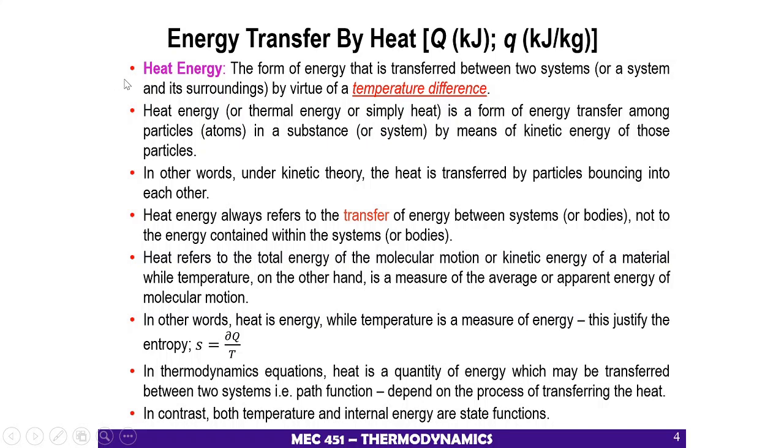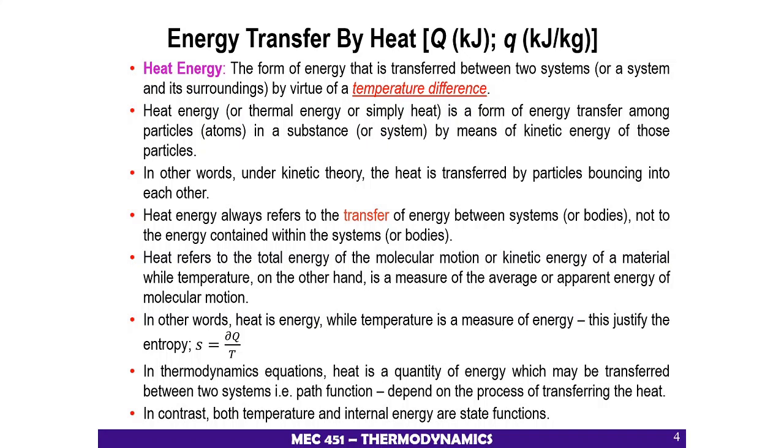Heat energy is the form of energy that is being transferred between two systems. If you talk about energy, heat in particular, there must be a temperature difference. For other energies, for example, kinetic energy, we have a difference in velocity, and potential energy, we have a difference in height.